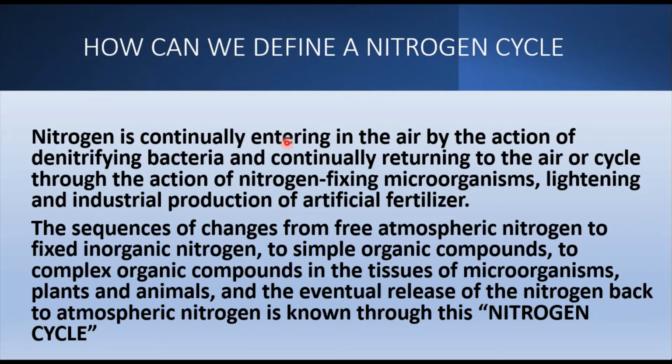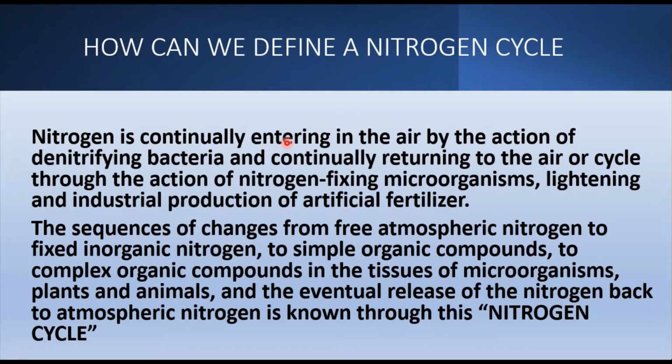So how can we define the nitrogen cycle? Nitrogen is continually entering the air by the action of denitrifying bacteria and continually returning to the cycle through the action of nitrogen fixing microorganisms, either by lightning or the industrial production of artificial fertilizers.